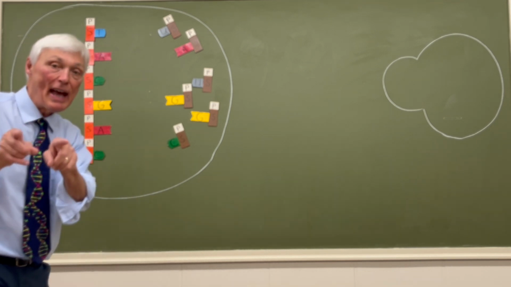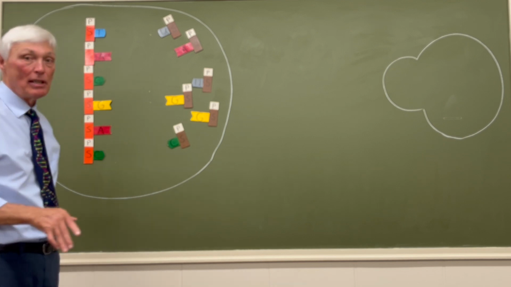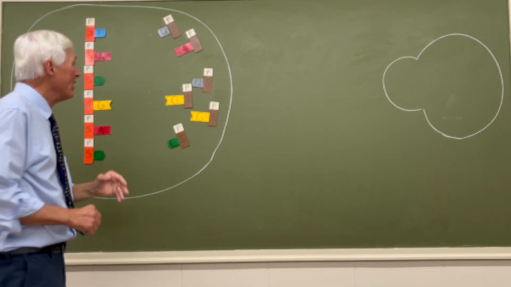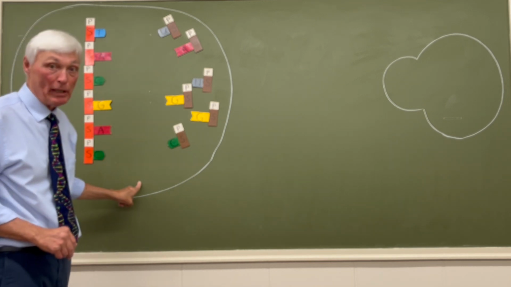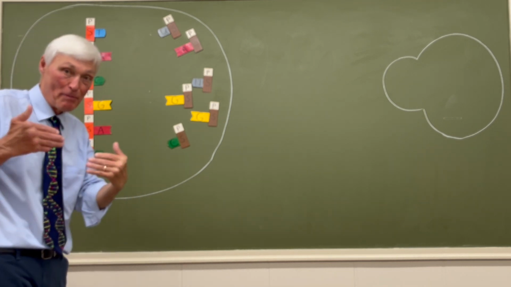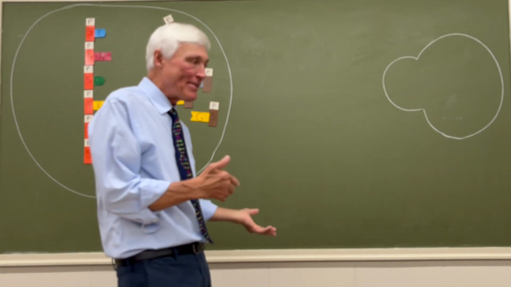Now you're going to see how, in a sense, the order of the bases in the DNA controls what the order of the bases in the messenger RNA will end up being because of the base pairing rules. A pairs with T, C pairs with G.